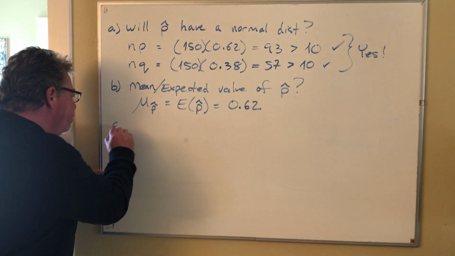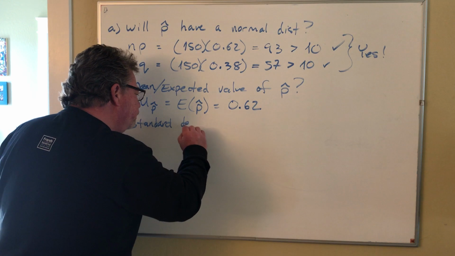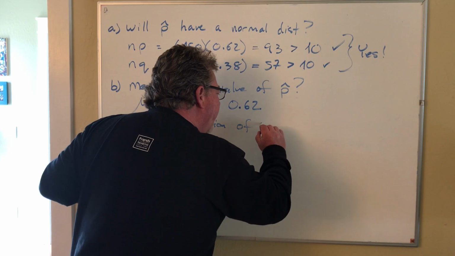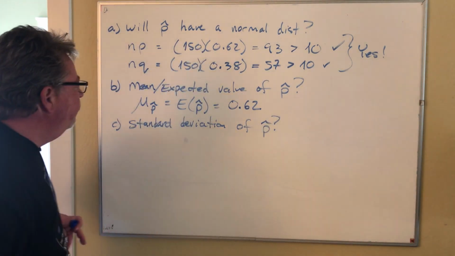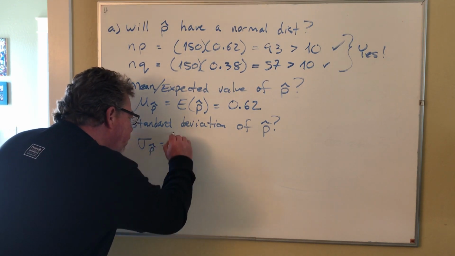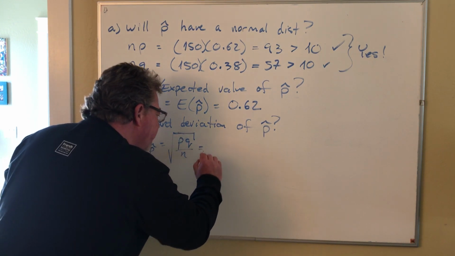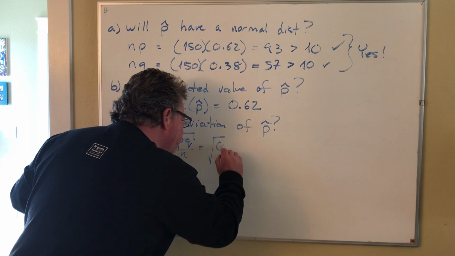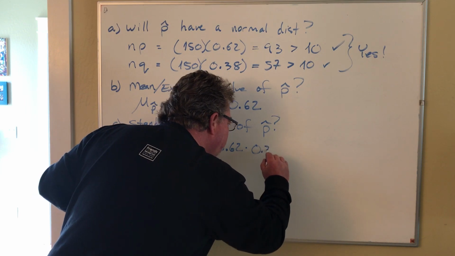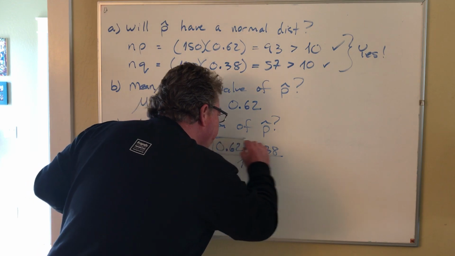And then the standard deviation of p-hat, well, we had that formula, that's going to be sigma sub p-hat, and we said that's the square root of p times q divided by n. So that's going to be the square root of p, which is 0.62, times q, which is 0.38, divided by our sample size, which is 150.